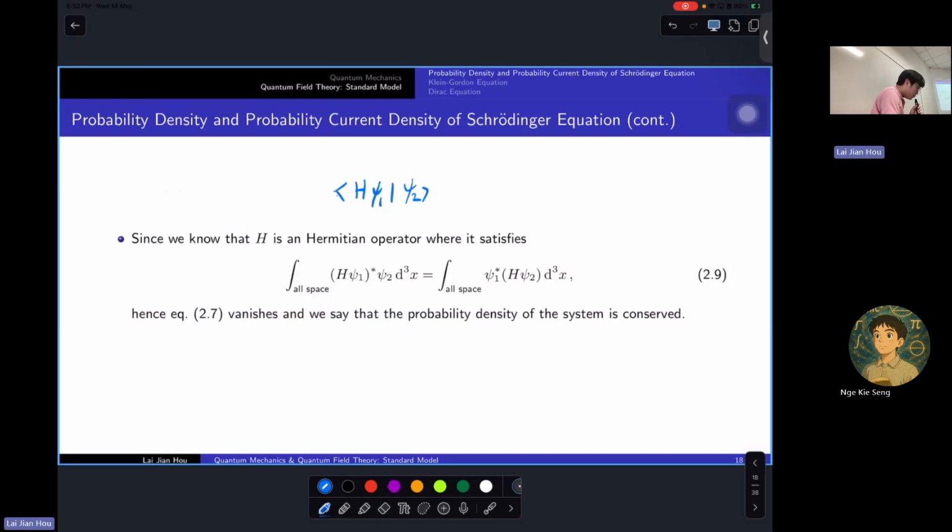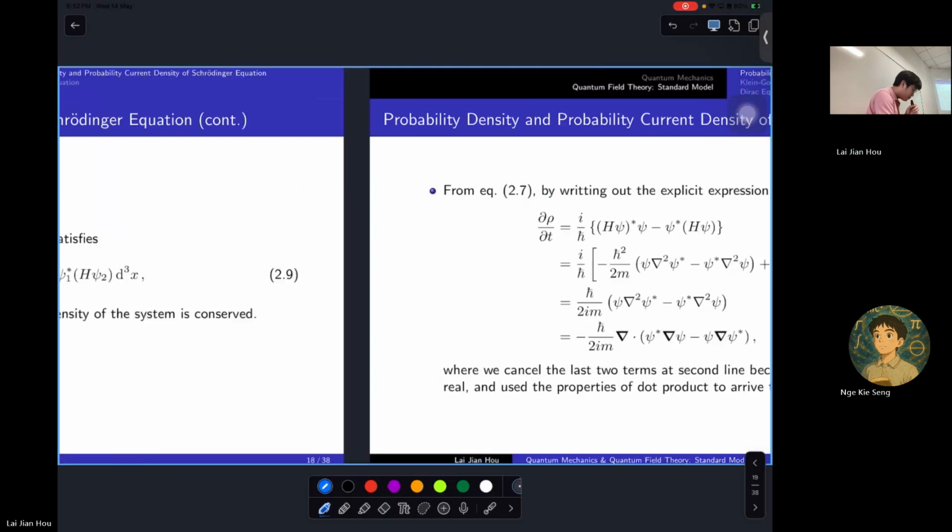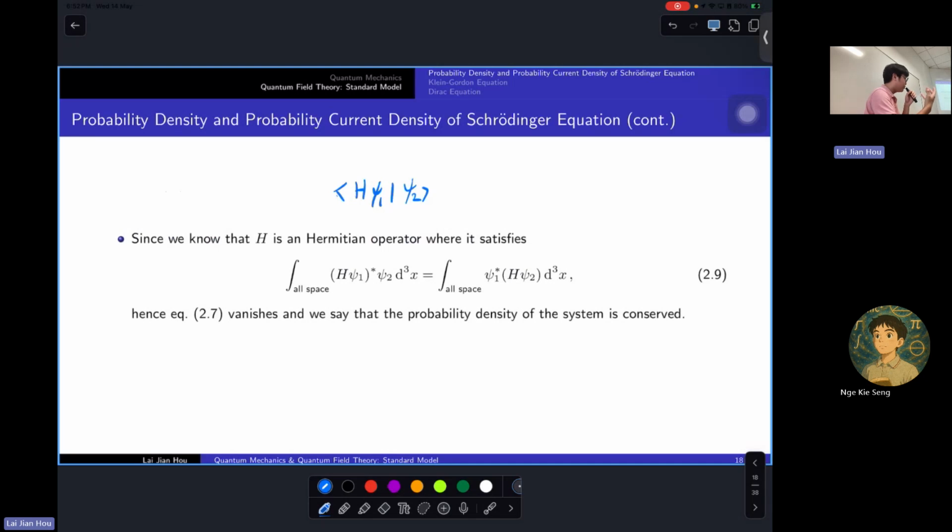So this is about the probability density of the Schrodinger equation, which is conserved.